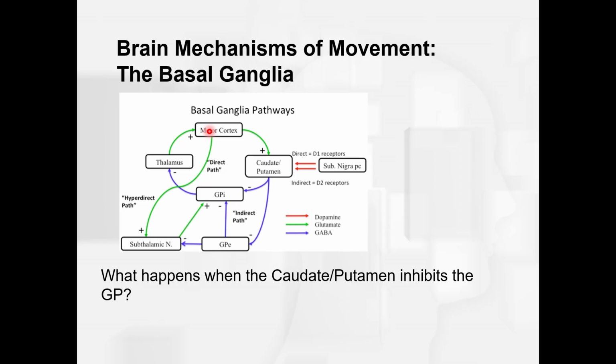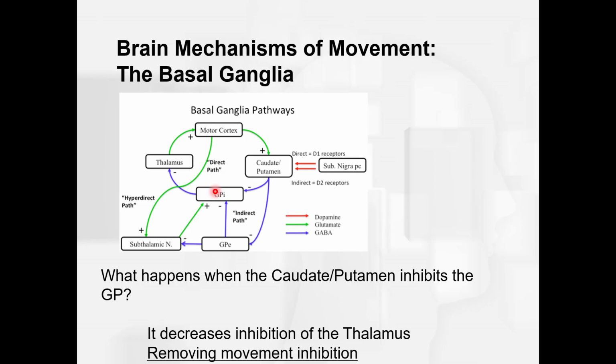It decreases the inhibition of the thalamus, thus removing movement inhibition. So under normal circumstances, movement's inhibited; the caudate inhibits the globus pallidus, and now that movement inhibition is removed. So in other words, the basal ganglia selects a movement to make by ceasing to inhibit it.